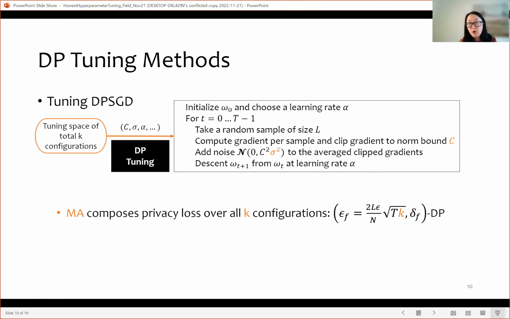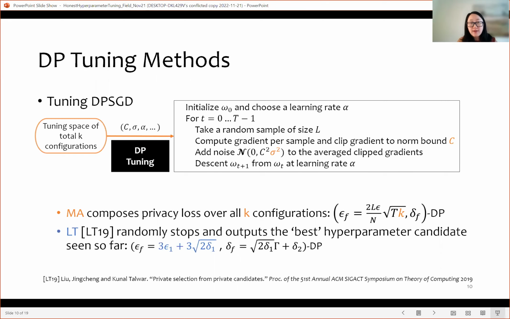However, we need to compose all the privacy costs among the K configurations. Each configuration takes T iterations of noise, so altogether K times T noisy gradients are released. Hence the final privacy cost, if we use the moments accountant to compose the privacy loss of K configurations, will be proportional to the square root of K. That is a straightforward way to compose the privacy loss when we tune the DP optimizer.